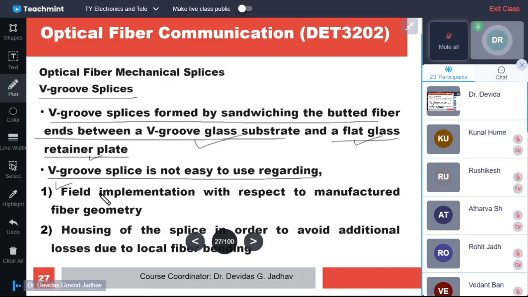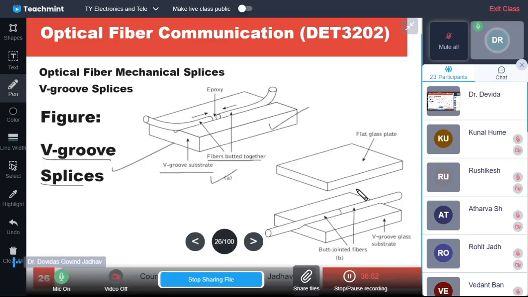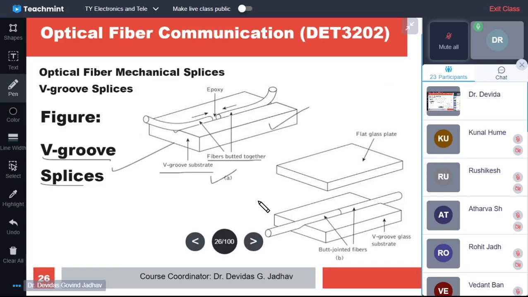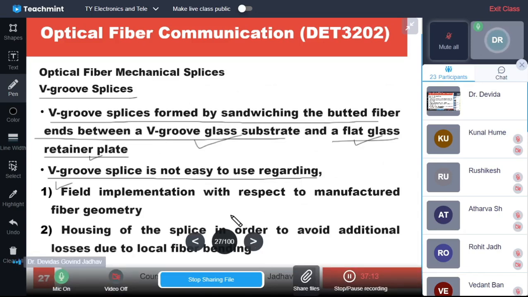Bending loss is created. In the figure we are saying it is easy, but consider the fiber dimensions. Fiber is in micrometers, so this device is also very small, and to handle that, clamp that, screw that, becomes a very difficult task.